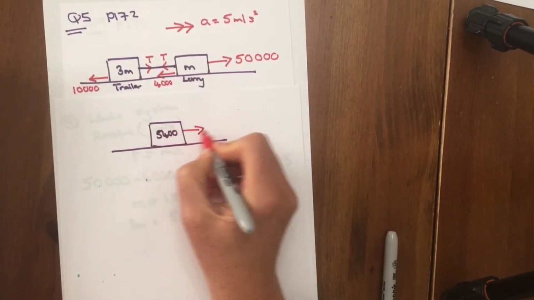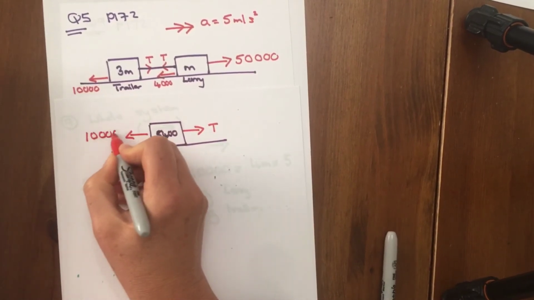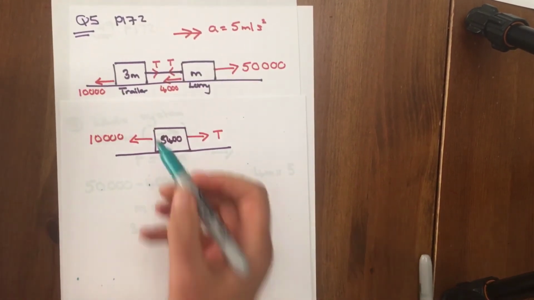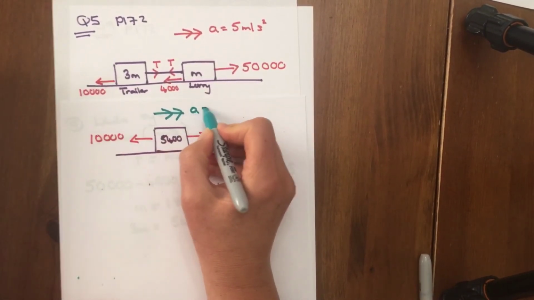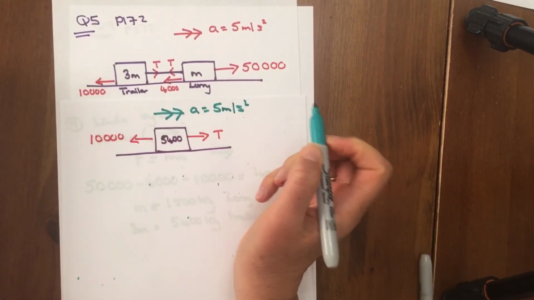I've got T going this way, tension, and friction going the other way. So that's all the forces I've got on this trailer that are going in this direction in terms of the movement, the direction of the acceleration of the trailer.